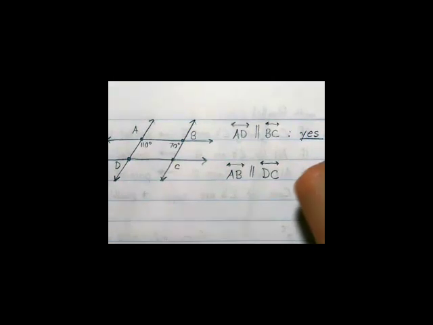What kind of angles? Right, so which one talks about consecutive interior? Theorem 3.8 says if the consecutive interior angles are supplementary, then the lines are parallel. Are they supplementary? Yep. So yes, because of theorem 3.8.